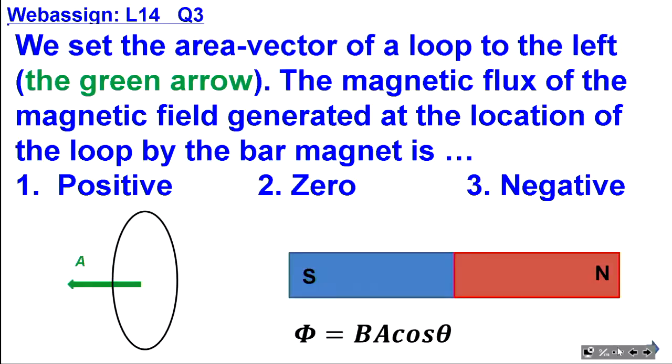Now you can see two directions, two arrows. You can see an angle between those directions. And that angle tells you something very specific because, again, B represents the strength, that's magnitude, never negative. A represents the area, positive number. So the value of the flux depends on the value of this cosine, and the value of the cosine depends on the value of this angle.